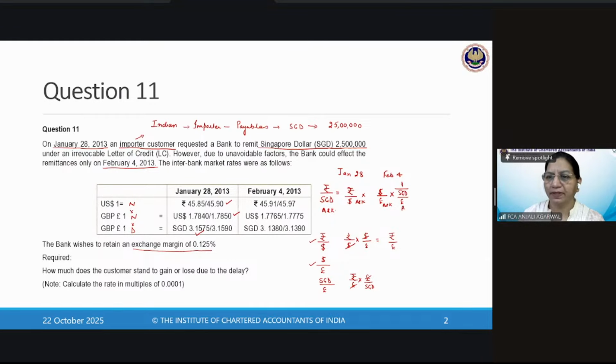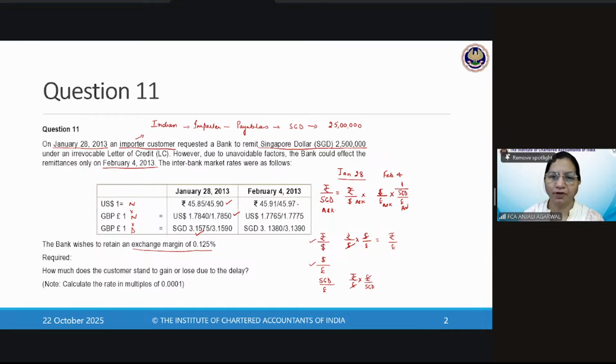So this will be bid, right? So the final answer on January 28 will be 45.90 multiplied by 1.7850 divided by 3.1575, right?